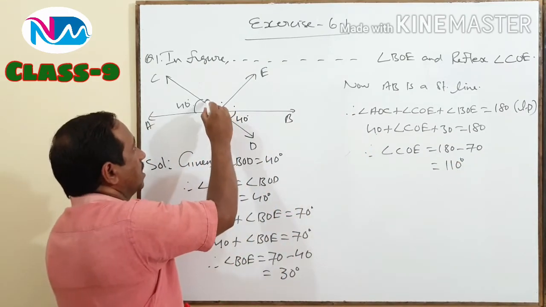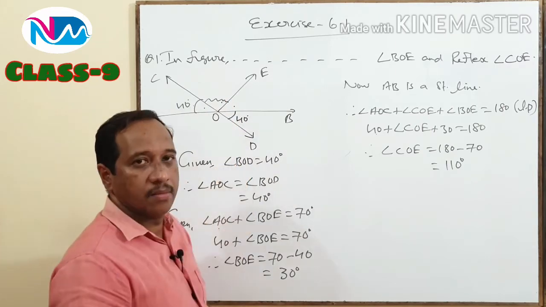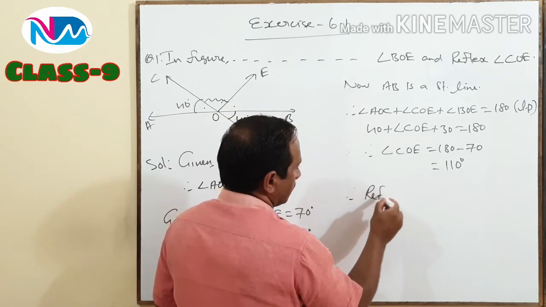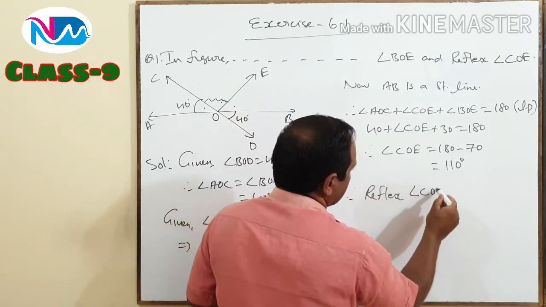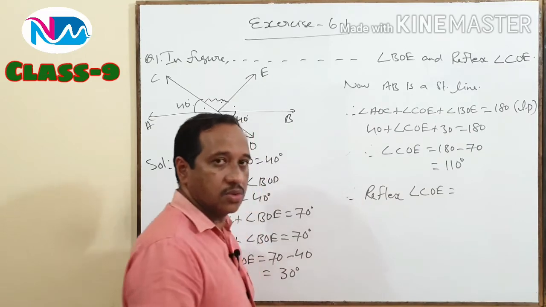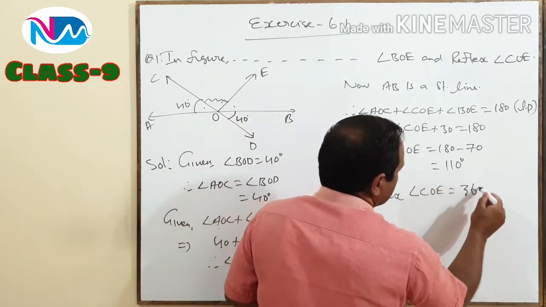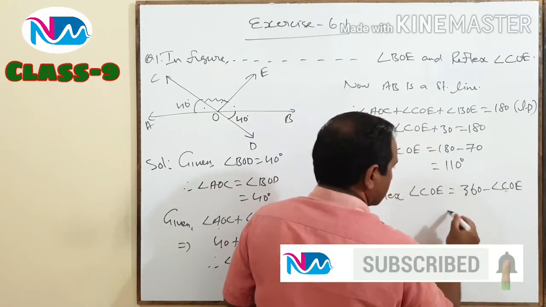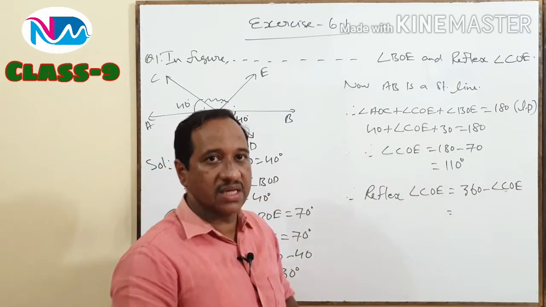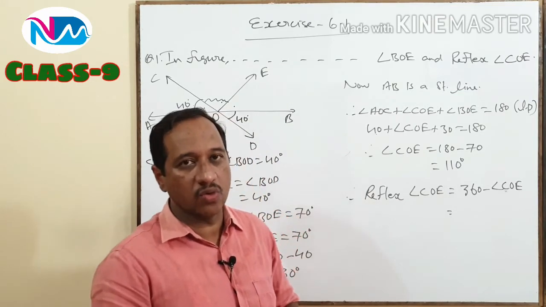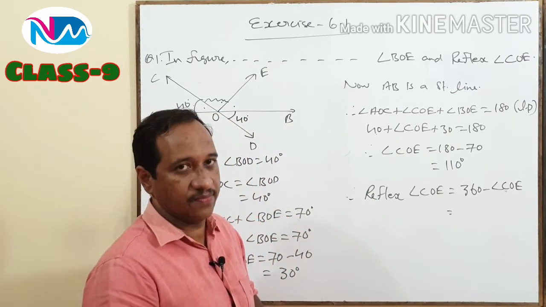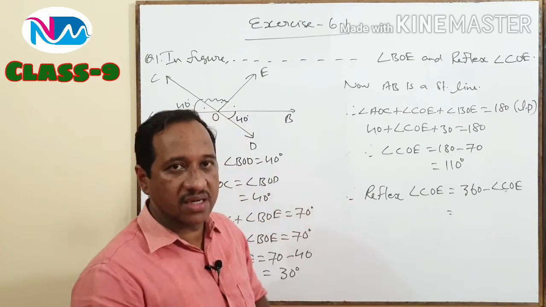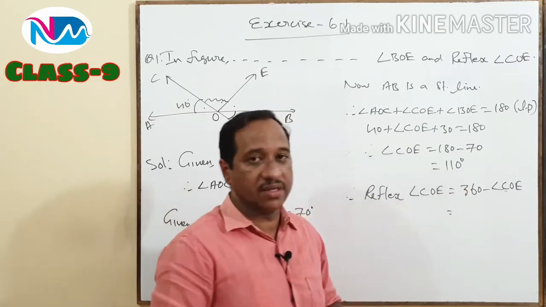So we got the value of angle COE, but we want reflex angle COE. Therefore, reflex angle COE is equal to 360 minus angle COE. A reflex angle is the angle whose measurement is more than 180 but less than 360. To find the reflex angle of any given angle, you have to subtract the given angle from 360 degree.